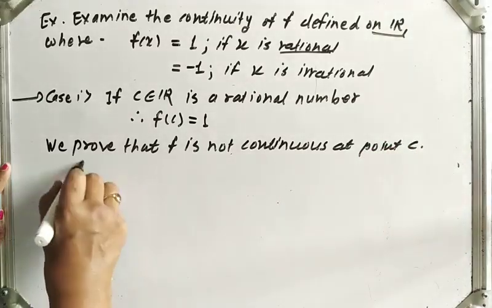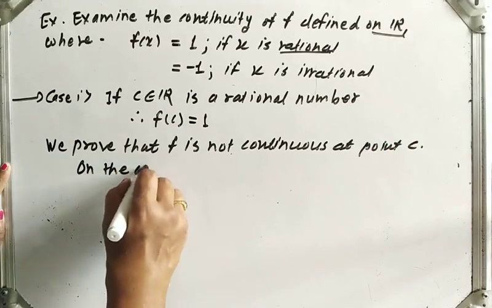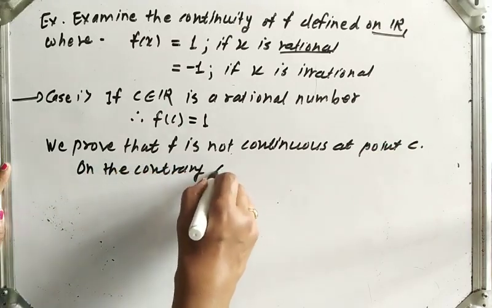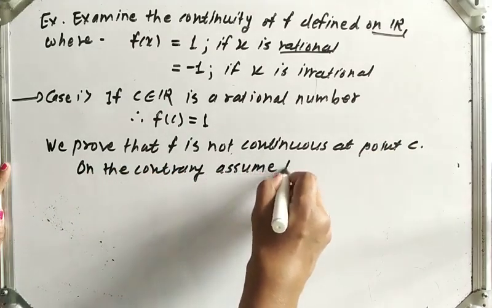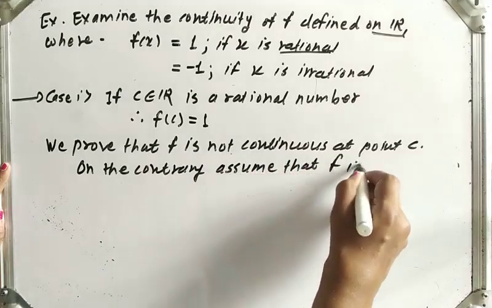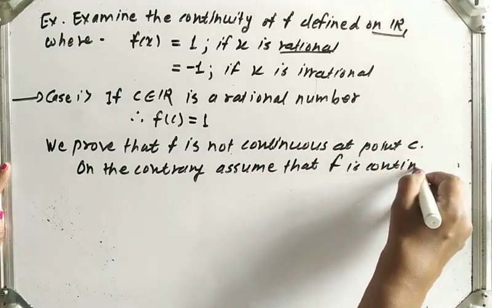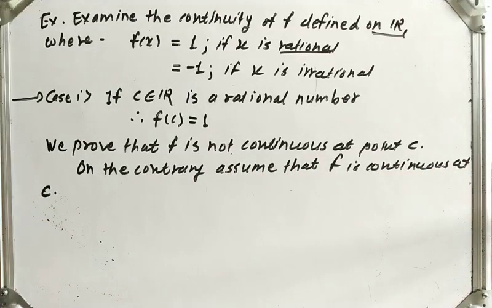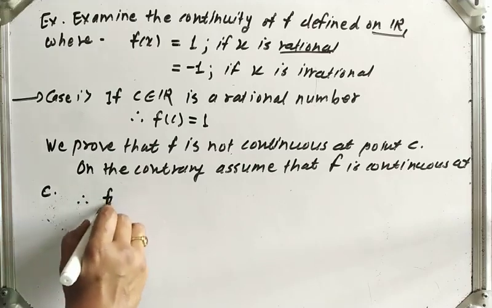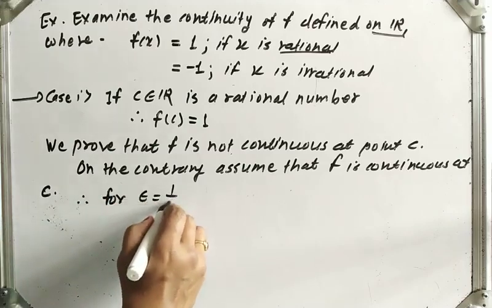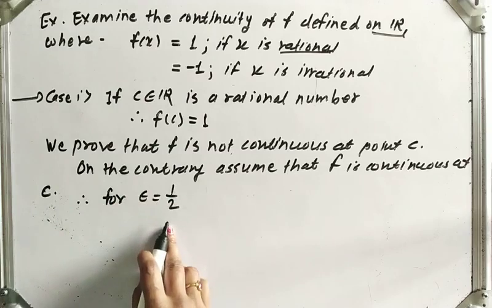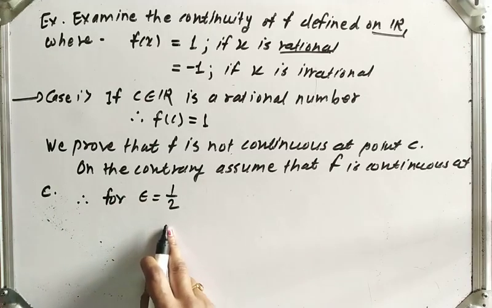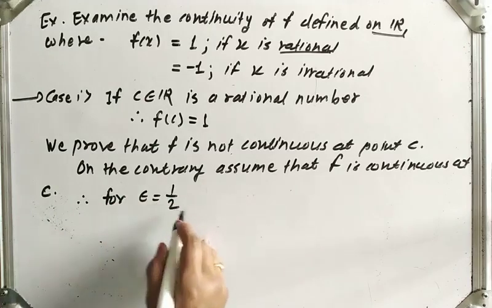But on the contrary, assume that f is continuous at c. Therefore, for epsilon equal to 1/2. Let us take a fixed epsilon. We need to take epsilon positive. Let us take epsilon equal to 1/2.